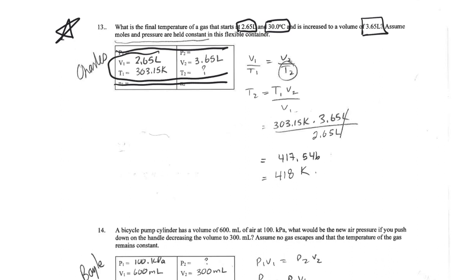So I'm using V1 over T1 equals V2 over T2. I'm solving for T2, so the formula will be multiply these two and divide by that one. And we've done that one in class too. I'm not sure if that helps you out a lot, but that sort of explains those questions to you.